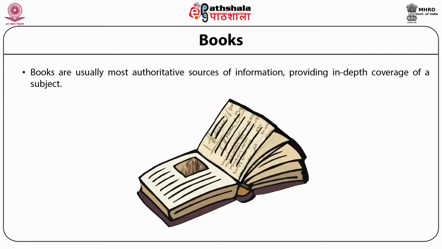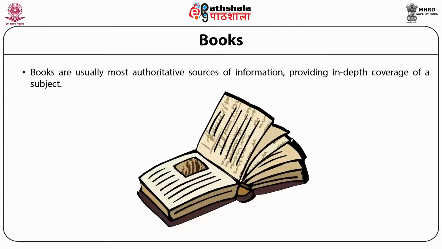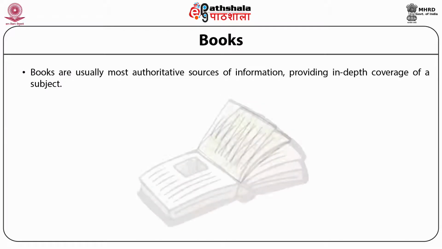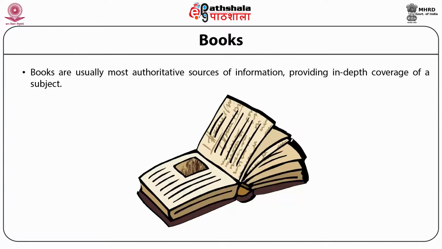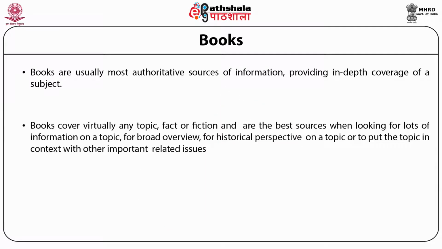Books are usually most authoritative sources of information as they provide in-depth coverage of a subject, and all the chapters of the book are giving a continuous treatment to the subject along with appropriate references, etc. Books cover virtually any topic, fact or fiction, and are the best sources when looking for lots of information or detailed information on a topic, for broad overview, for historical perspective on a topic, or to put a topic in context with other important related issues.